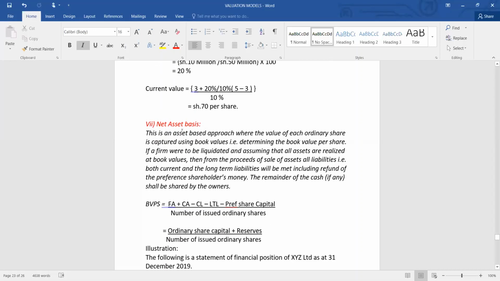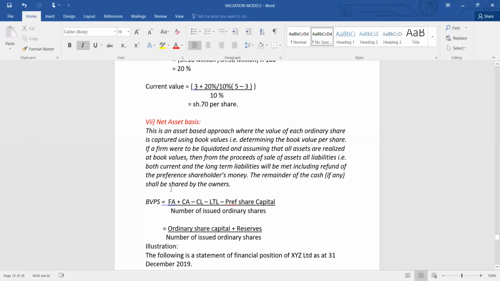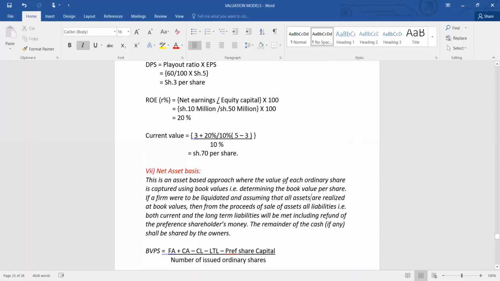The other approach is net asset basis. Is this confirmed? Yes. Net asset basis is where the value of an ordinary share is worked out using book values. When you went through ratio analysis, you talked about book value per share under the class of equity ratios.